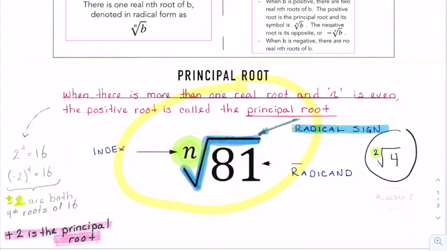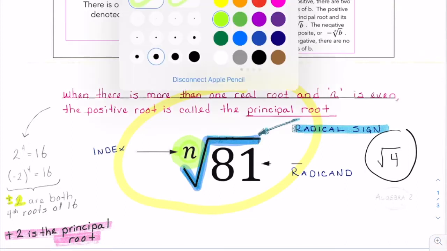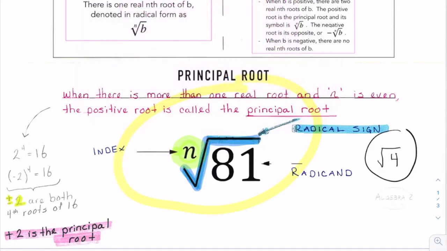That would be a lot of wasted time. Same thing here. We just don't write that. So we can erase that index of 2. All right, so the index is the little number. And then underneath the square root, cube root, whatever symbol, so underneath the radical sign, is what we call the radicand. So it's a number that you are simplifying.